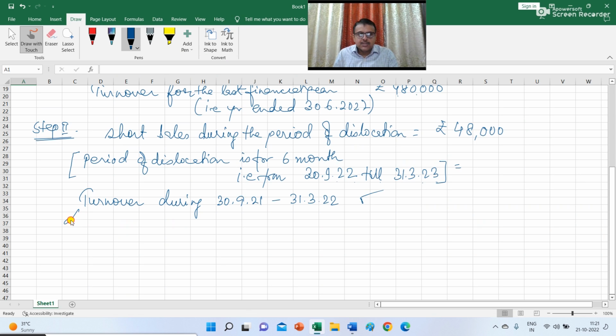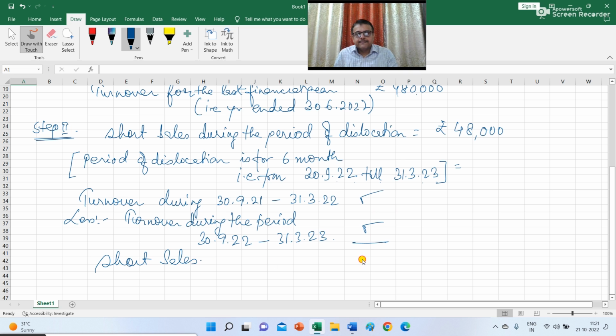And from this you have to reduce the turnover during the period of dislocation, 30th September 22 till 31st March 23. So the difference of these two turnovers is basically the amount of short sales. Now it is given in the question the amount of short sale as rupees 48,000.